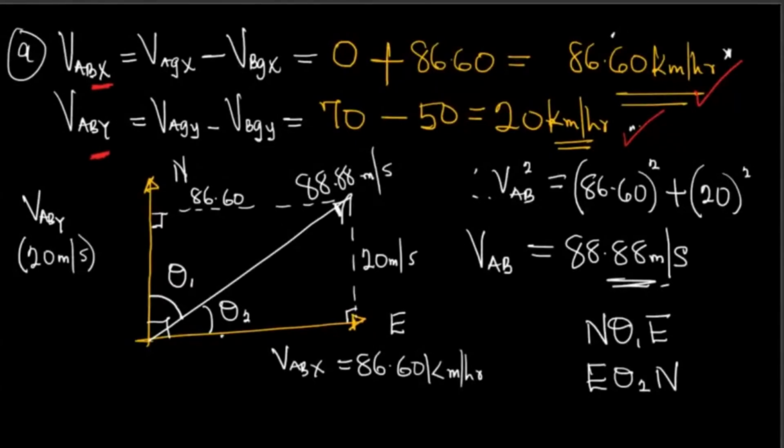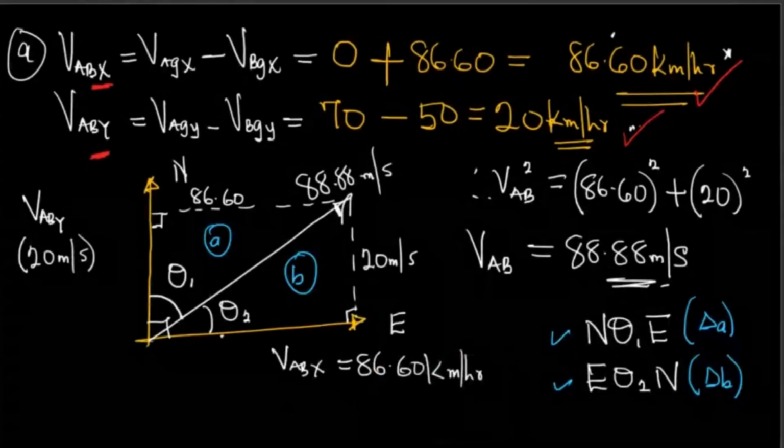So whether you use, let me just label this, triangle A or triangle B. Triangle A is applicable to this, and then triangle B is applicable to the second value. Any question?